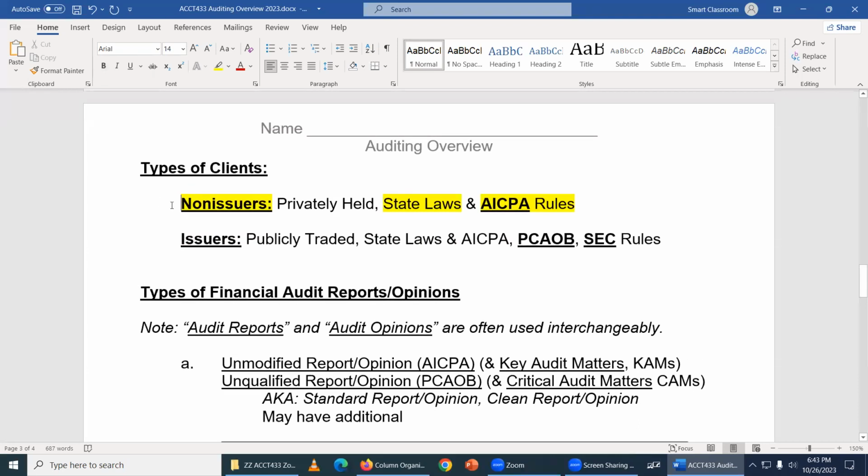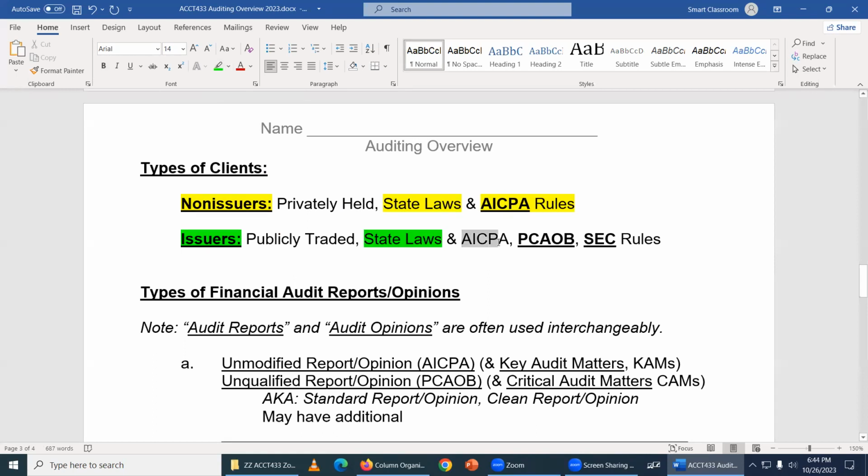Okay, so non-issuers, if it's privately held, they only have to follow state laws, and their auditors will also have to follow the AICPA rules. Generally, that is a requirement. If they're an issuer, publicly traded, they still have to follow the state laws.